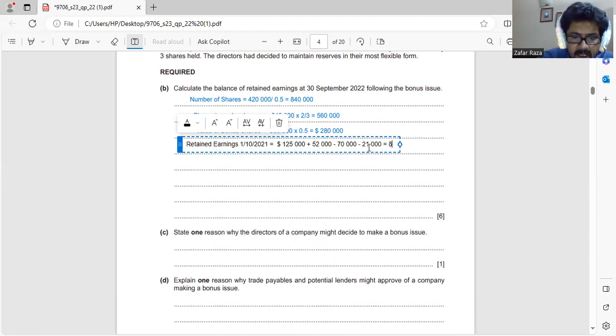Yes. So 86,000 is the ending balance of retained earnings, and this would be on 30th September 2022. Getting my point clear?